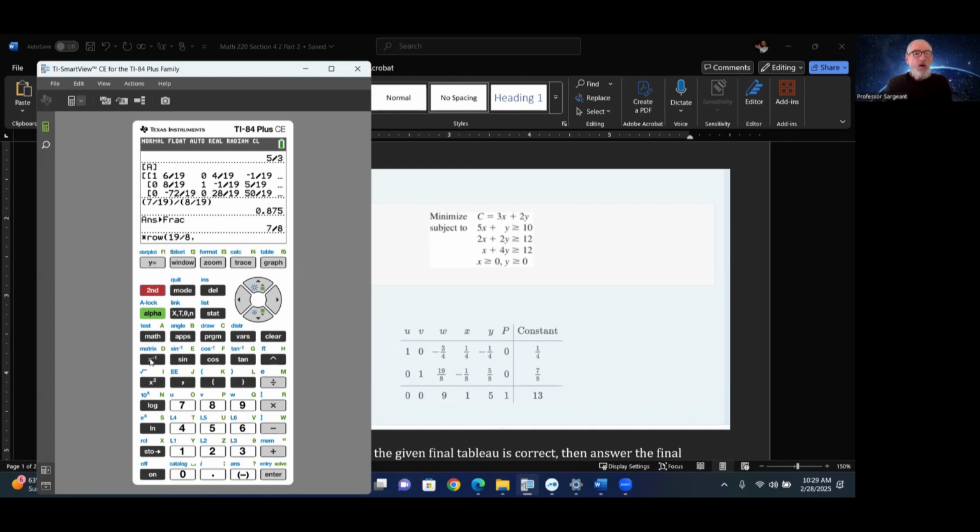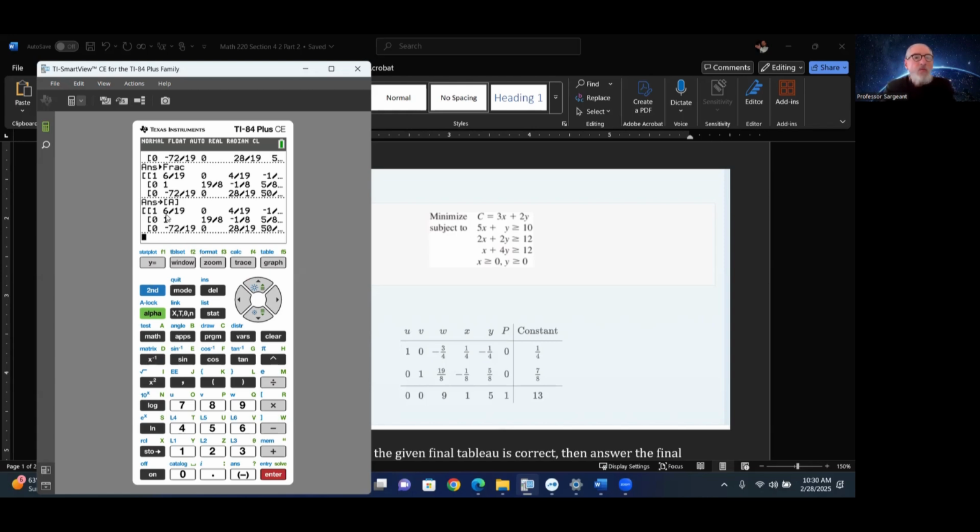And that's going to be multiplied to everything in row 2 of matrix A. Convert back to fractions and then store. Updating matrix A.